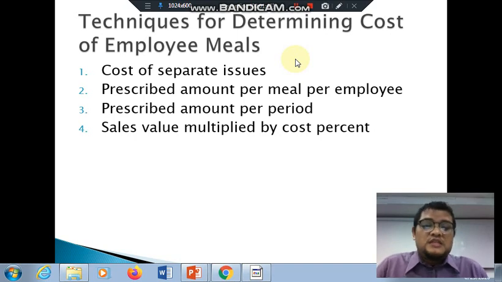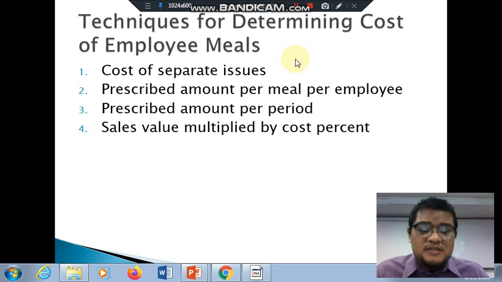So you will use a different requisition form. Remember, whenever the chef wants to get food from the storage, they have to fill up the requisition form. So you will have two different forms for the two different uses. One requisition form is for food production for sales, which is food you want to sell to customers, and you will have one separate form that you use to request raw material to prepare employee meals.